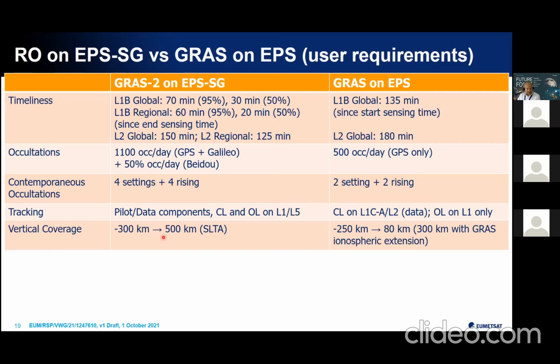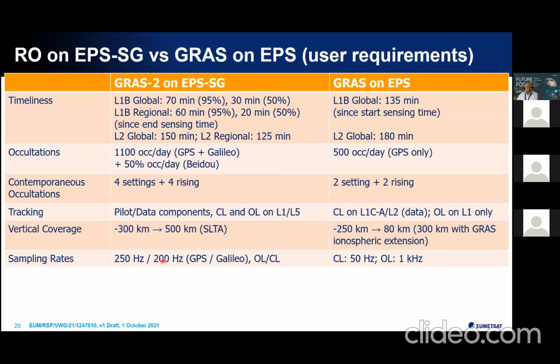As vertical coverage, we will go up to 500 kilometers SLTA, while GRASS is going up to 80 kilometers. And as Christian just mentioned before, we are now extending operationally all the GRASS measurements to provide data up to 300 kilometers, but the user requirement was 80 kilometers.